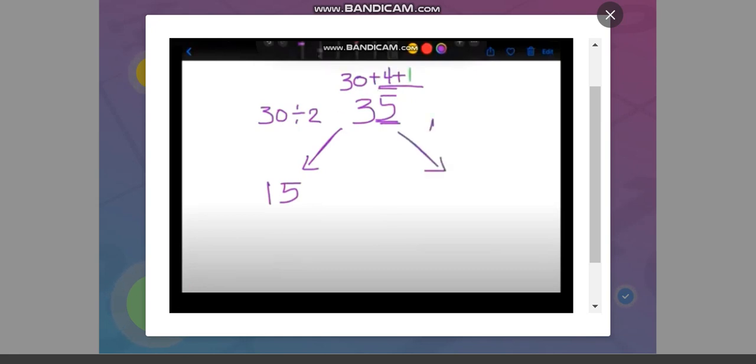Now earlier, if we did not do this 4 plus 1, now we are going to do 5 divided by 2. Now 5 is a little bit tricky. So we did this 4 plus 1 so that you're only going to divide 4 divided by 2. Now 4 divided by 2 is very easy, since 4 is an even number.